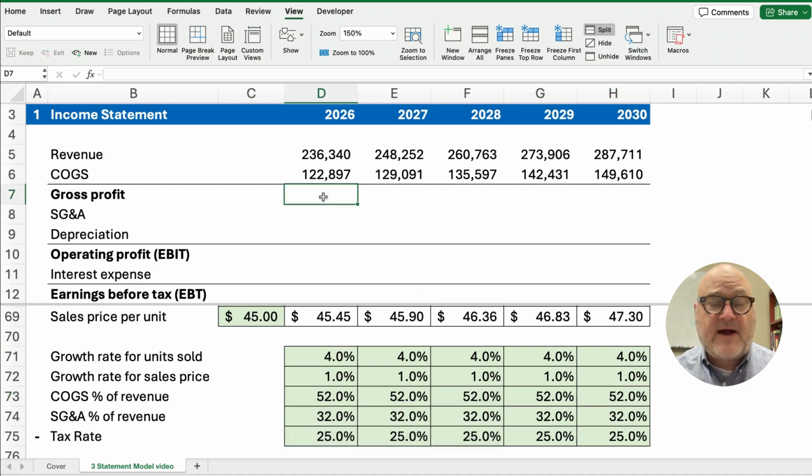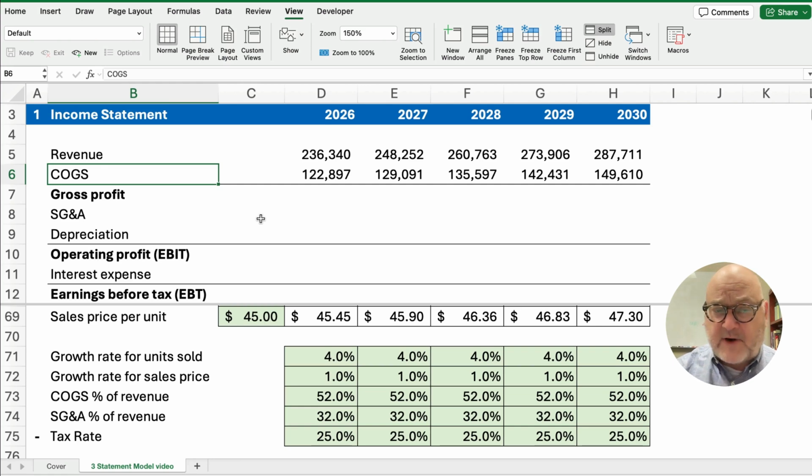Now, our gross profit, here's what we want to think about this. Do we want to make this number positive for cost of goods sold, or do we want to make it negative? Now, by the way, what is cost of goods sold? Cost of goods sold is the cost of our products. So it could be called cost of goods sold. It could be called cost of sales or cost of revenue.